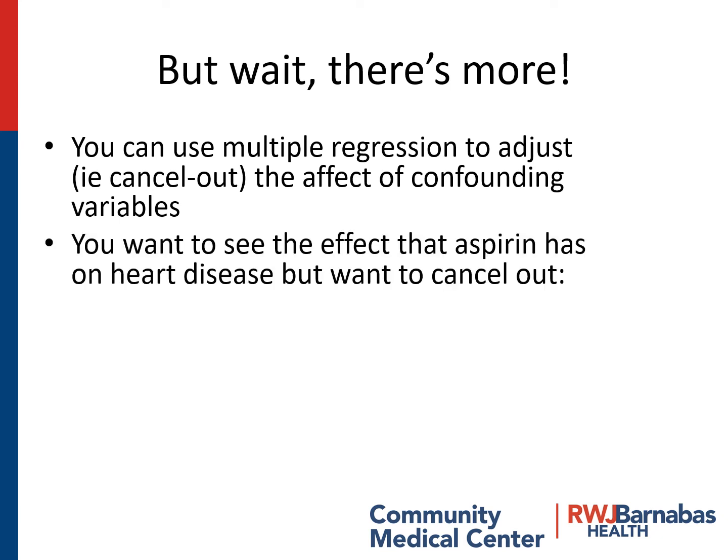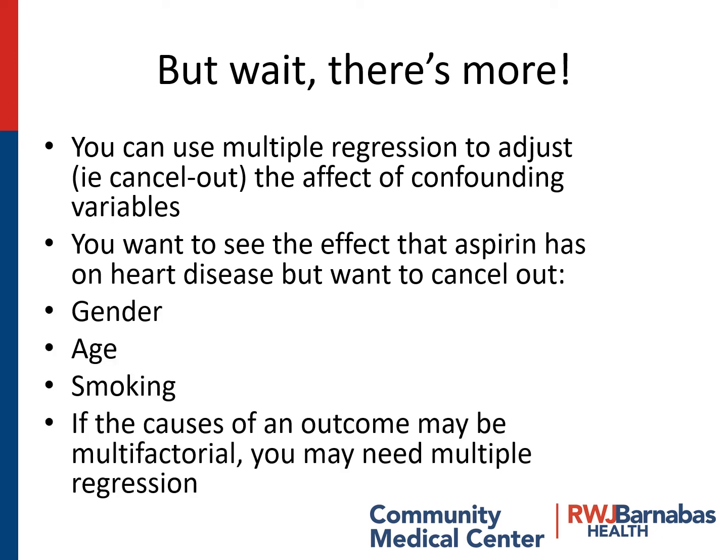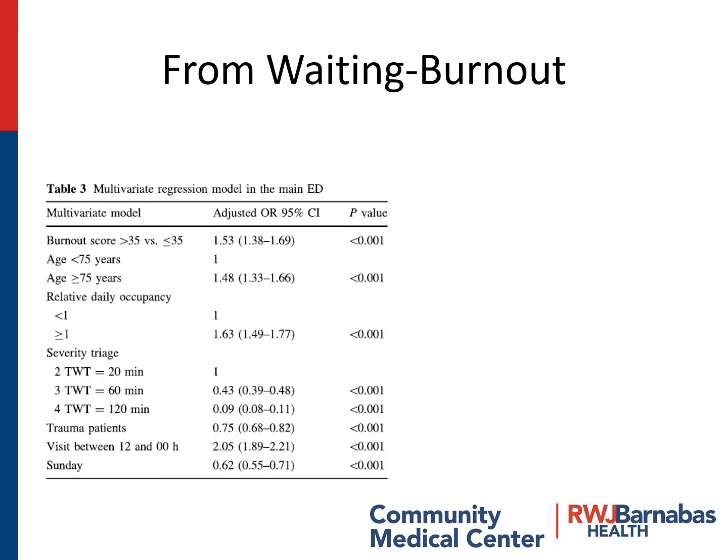So if you want to see specifically what the effect of aspirin has on heart disease, but you want to cancel out gender, age, smoking, you can use that. And if the causes of an outcome may be multifactorial, you can use multiple regression to throw it all into the mix.